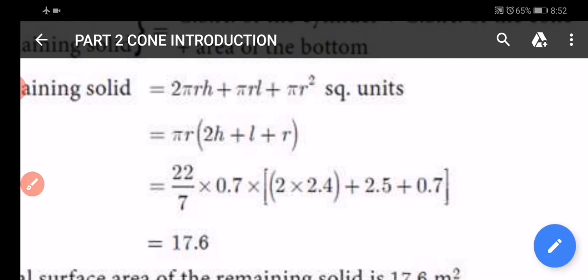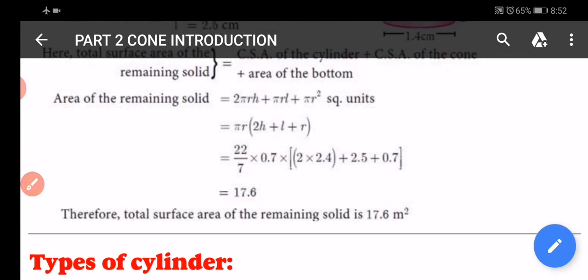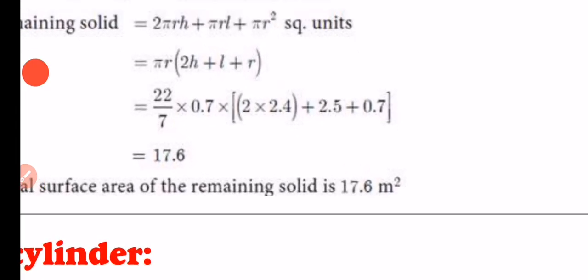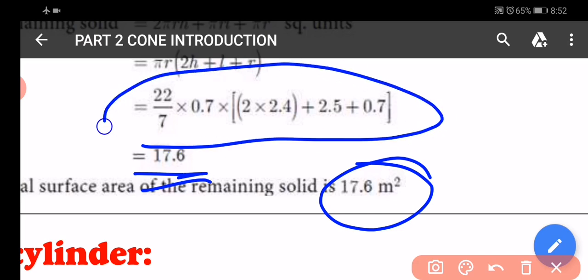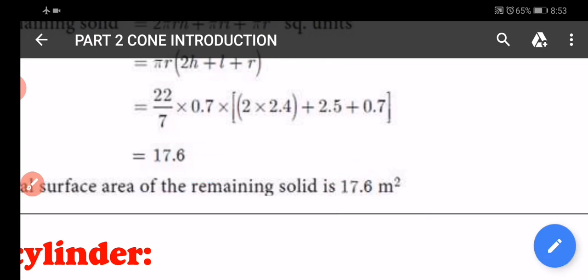We simplify, we get the answer 17.6 square units. Do the rough work for the calculations in this example sum.